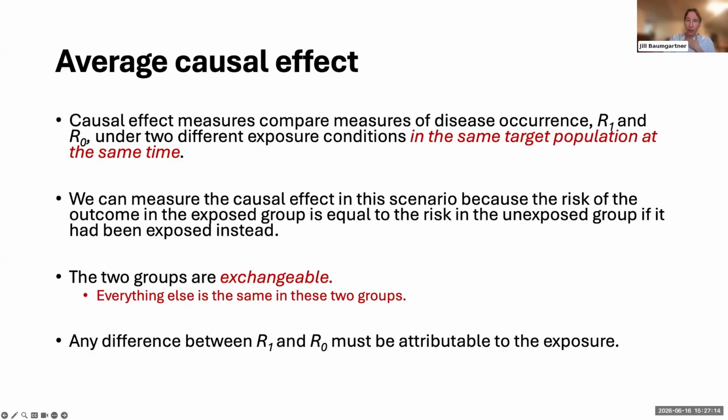And so here we're defining what makes a comparison causal. We compare two quantities: our R of one, the risk if the population were exposed, and our R naught, the risk if that same population at the same time period was not exposed, right?